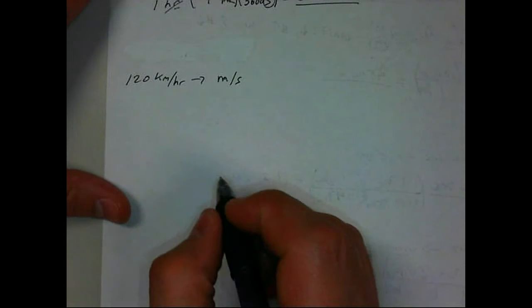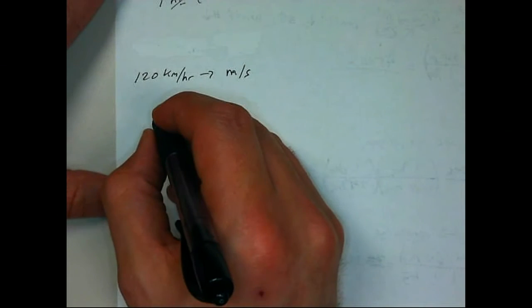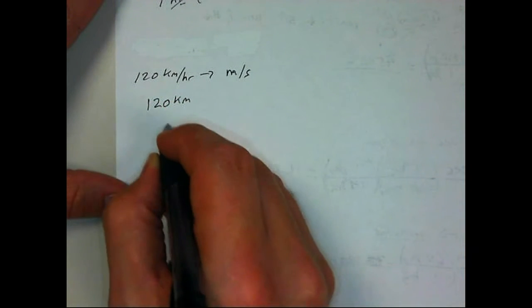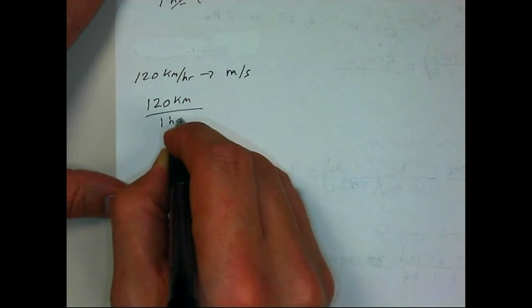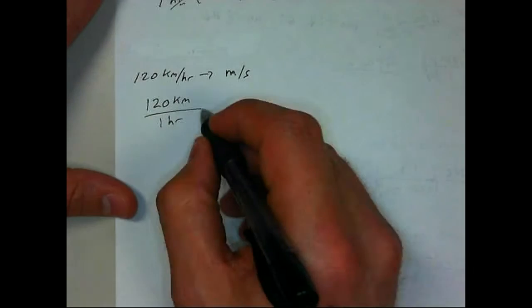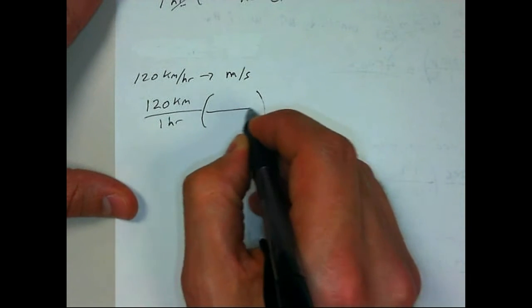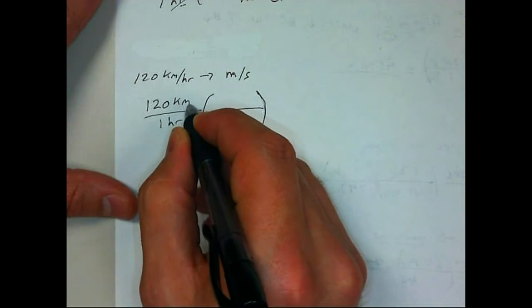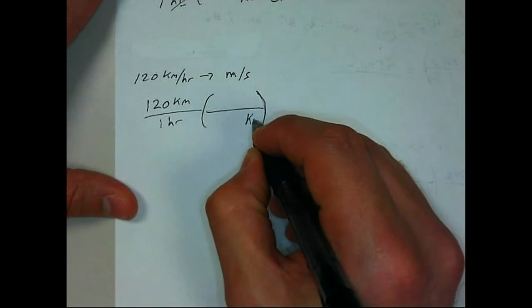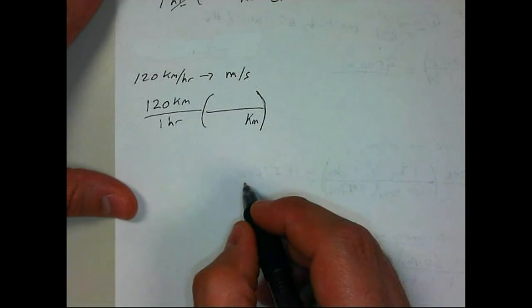Let's do the next one. 120 kilometers per hour. 120 kilometers is on the top per 1 hour. 1 hour is on the bottom. Do our unit conversion. I'll deal with kilometers first. Kilometers is on the top, so to cancel it out, we have to put it on the bottom over here.